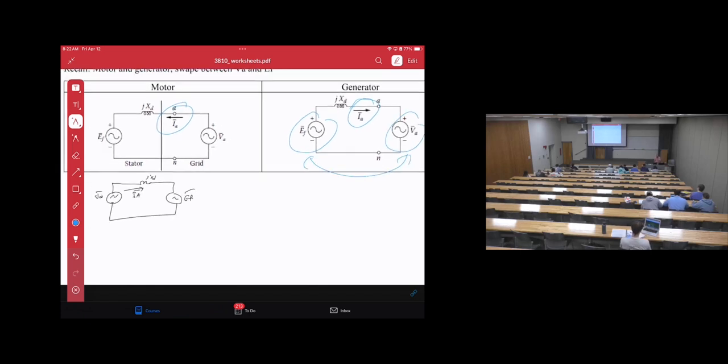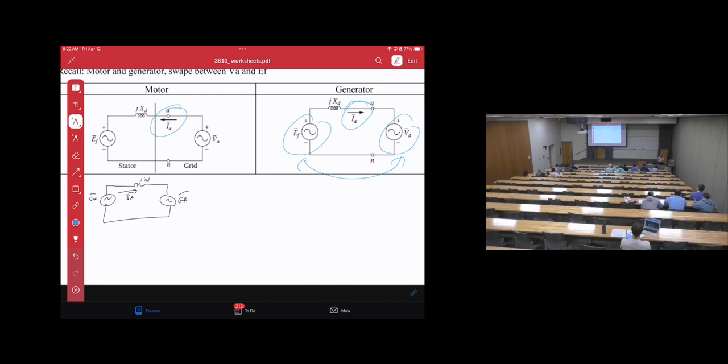So in order to draw the motor, the difference between motor and the generator, you can do it in two ways. The first way, reverse the current direction. The second way is to swap EF and VA, but keep the current direction. So you need to do one of those, don't do both. So here, number one, change current direction.